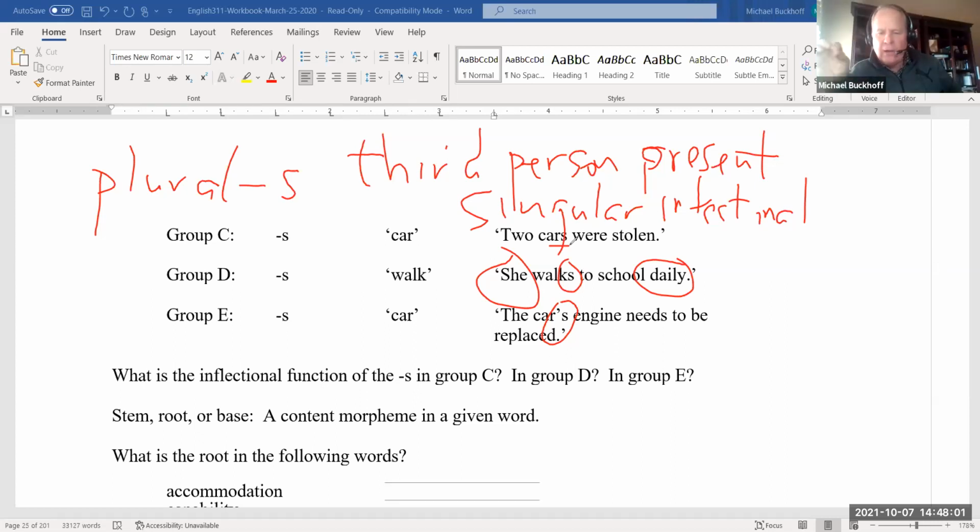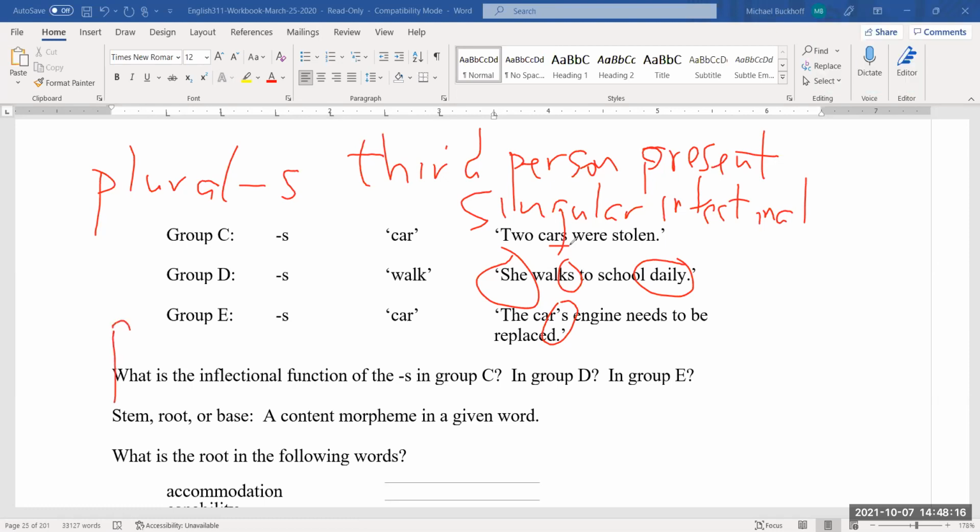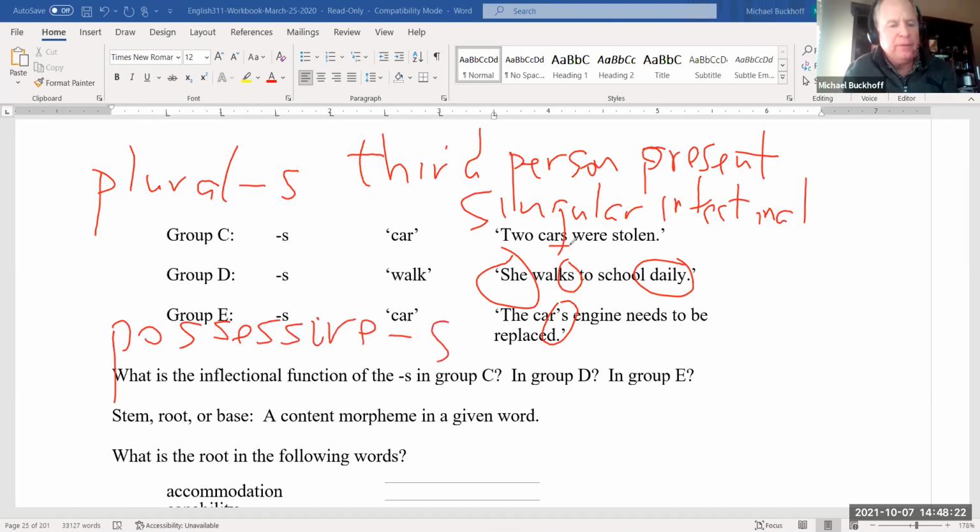El motor del carro needs to be replaced. But the car's engine, what is that S doing there? It belongs to that car. Good. Possession. Yeah, we have that. So it's the possessive S ending.